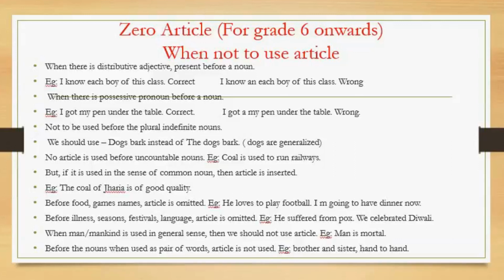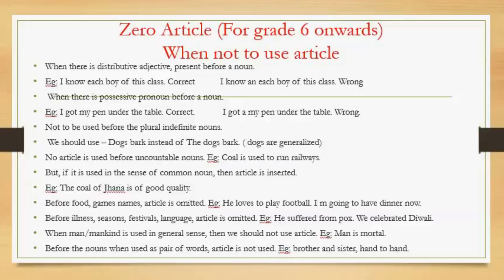He suffered from the pox. It's wrong. We celebrated the Diwali is also wrong. I know the French, I know the German is also wrong. I like the winter season is also wrong. I like winter season is enough.